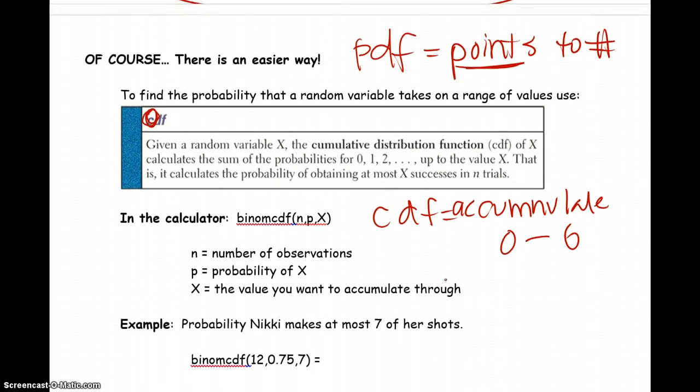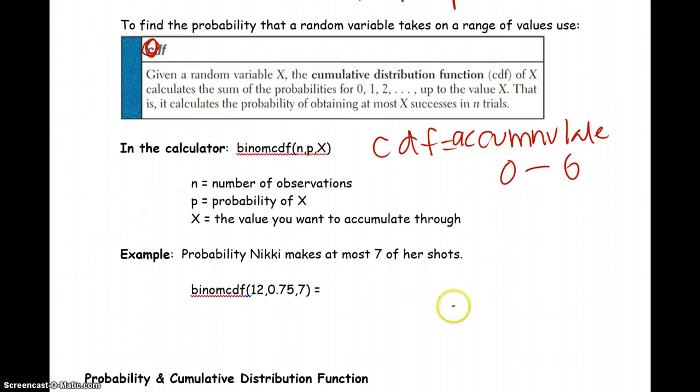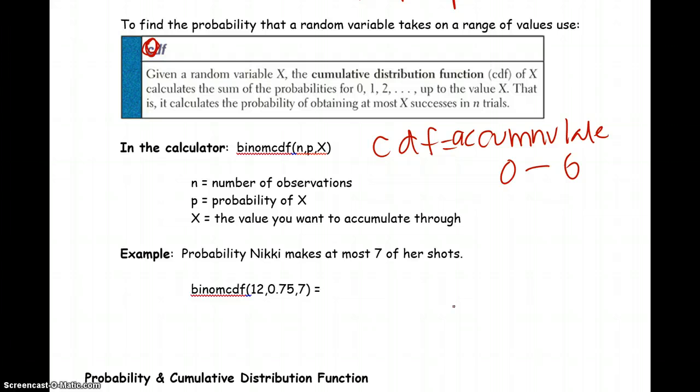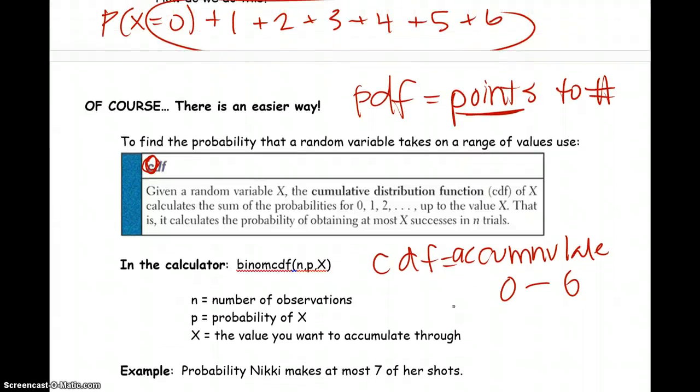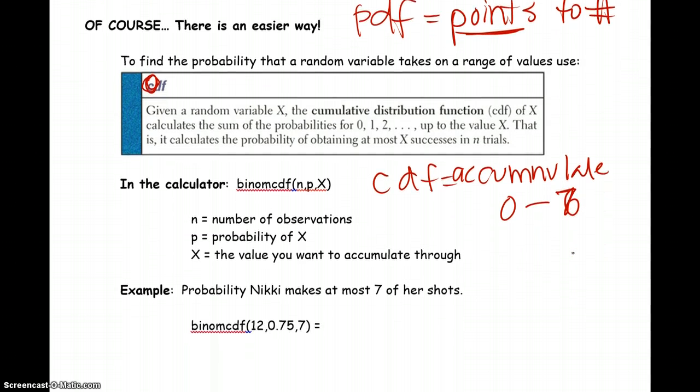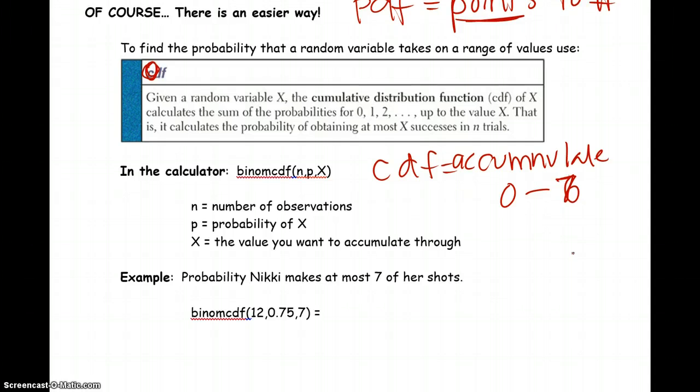So the question here was, what's the probability that she makes at most 7 of her shots? I don't know why I didn't include 7. At most 7 would mean she could actually make 7, so we do want to include 7 here. At most 7 means she makes 0, 1, 2, 3, 4, 5, 6, 7.